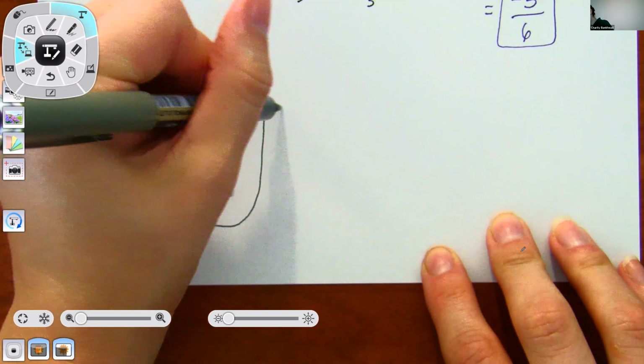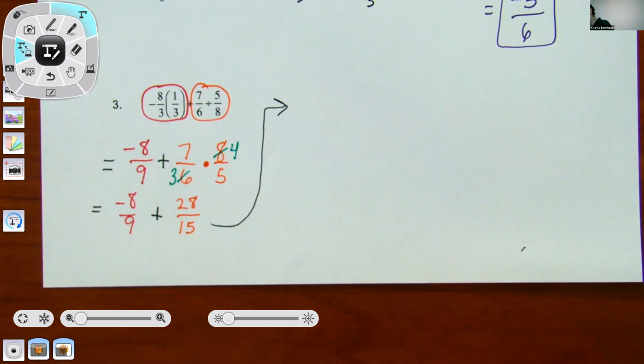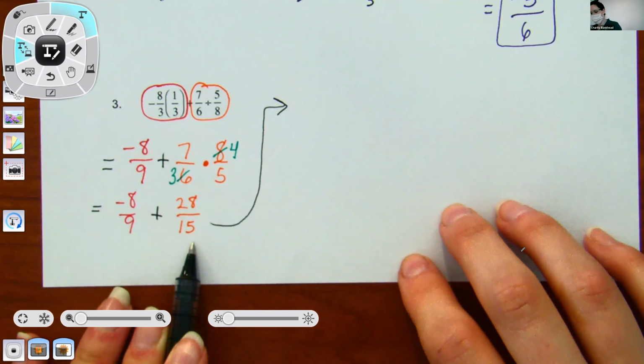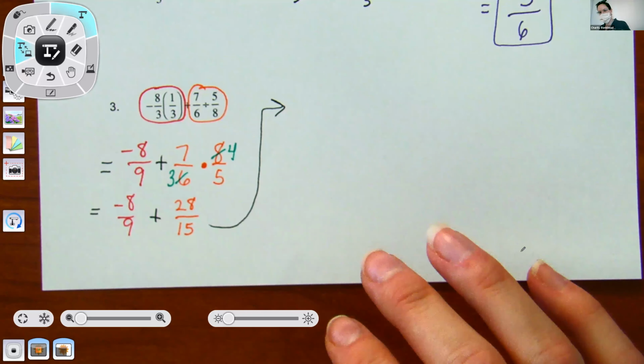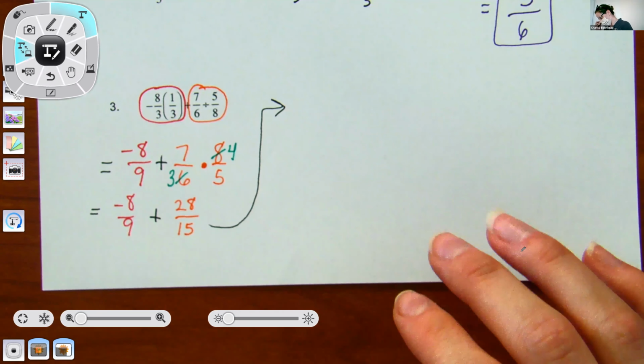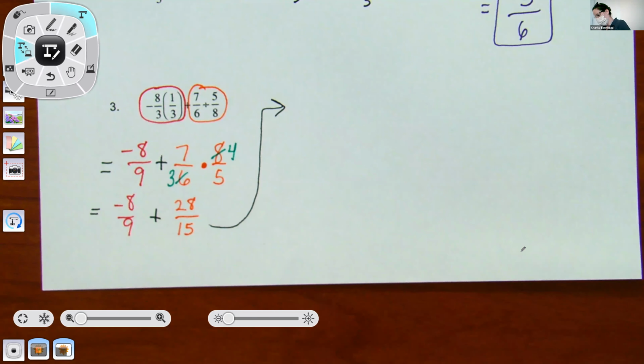All right, so these denominators, 9 and 15, they do have a common factor of 3. So I'm going to use the LCD method as opposed to the bow tie method.